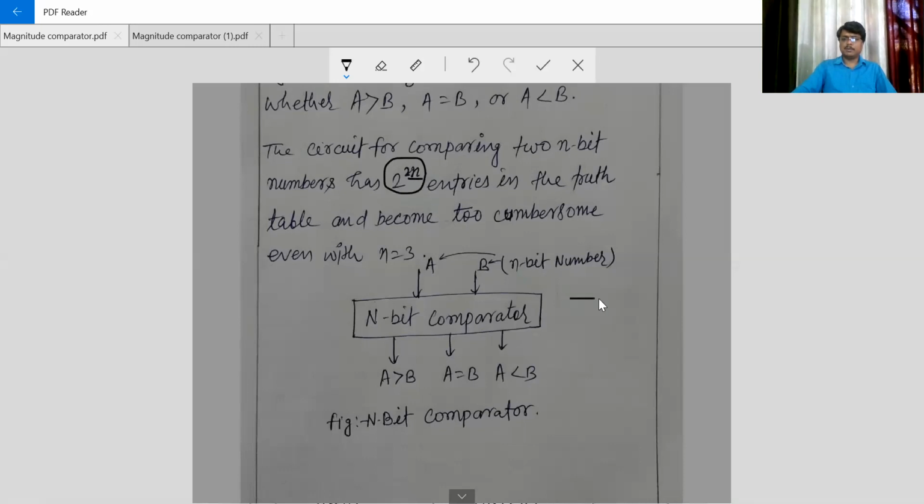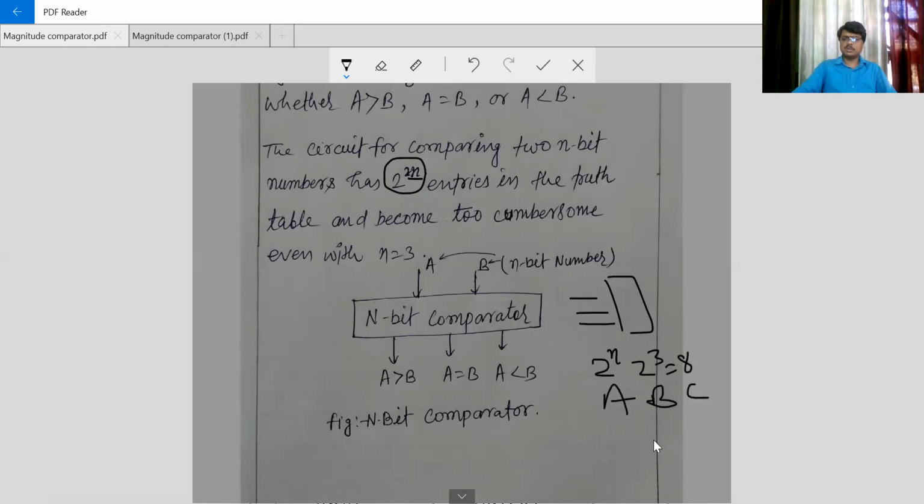If the number of inputs is 3, then the number of entries in the truth table will be 2 to the power 3. Let us suppose these three inputs are A, B, and C. So how many combinations will be there? 8. And if 4 variables are there, it will be 2 to the power 4.